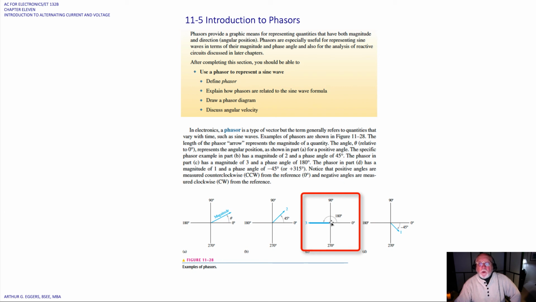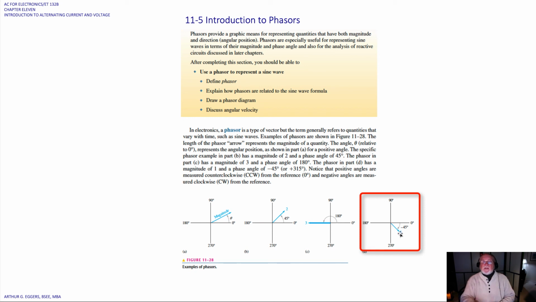This is going to be important because that 180 degrees, when we take the angle, is going to give us a negative value. The phasor in part D has a magnitude of 1 and a phase angle of minus 45 degrees, or 315 degrees positive if we go all the way around counterclockwise.